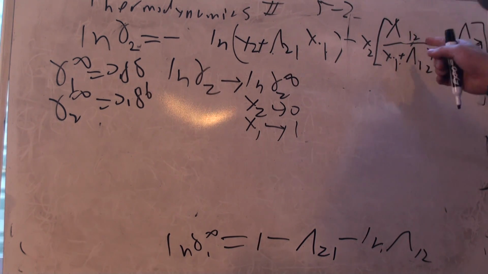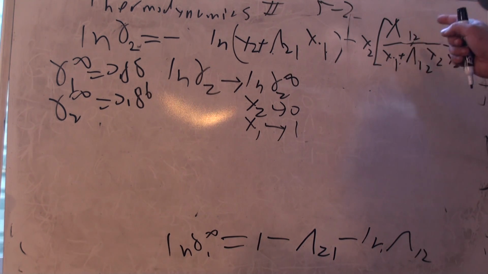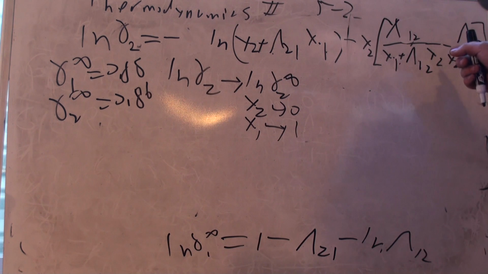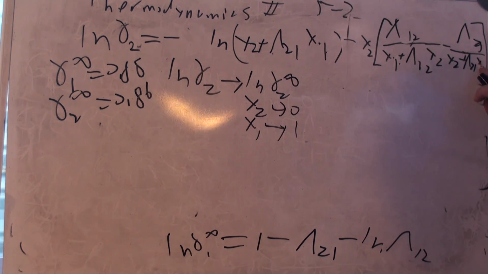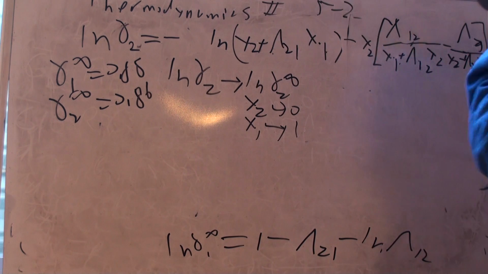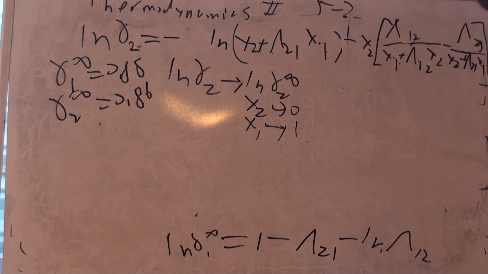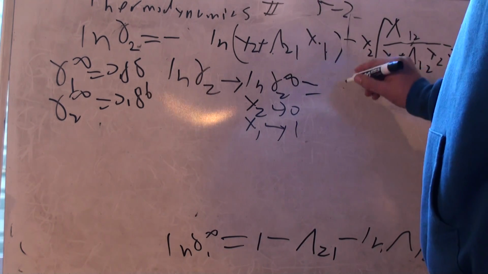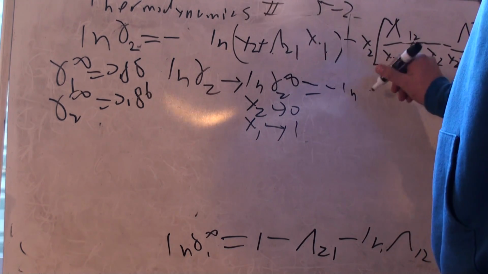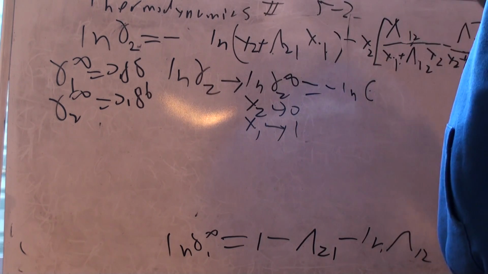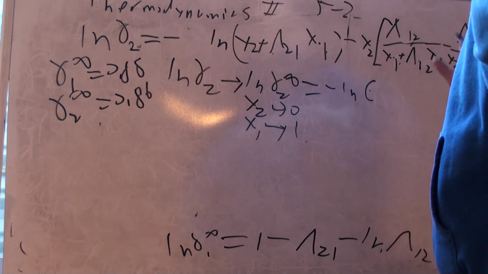A1, lambda 1, 2 over x1 plus lambda 1, 2, x2 minus lambda 2, 1 over x2 plus lambda 2, 1, x1. Plug those in, and I essentially get the same thing. I think I get exactly the same thing except for the coefficients I use.